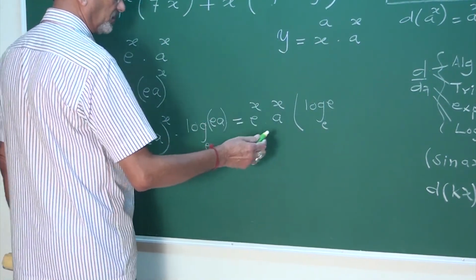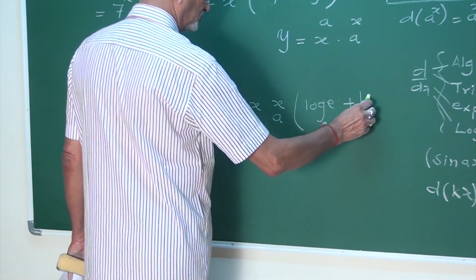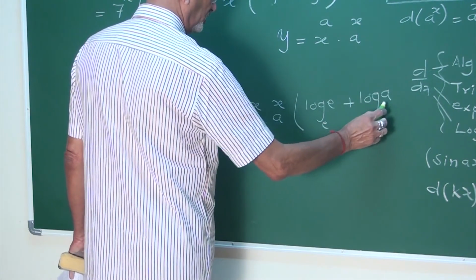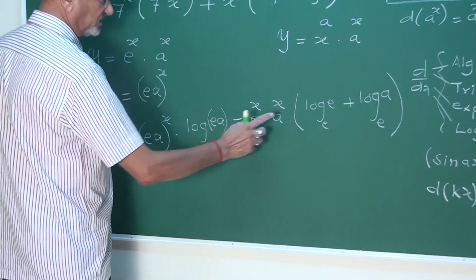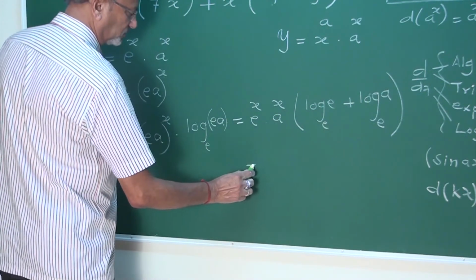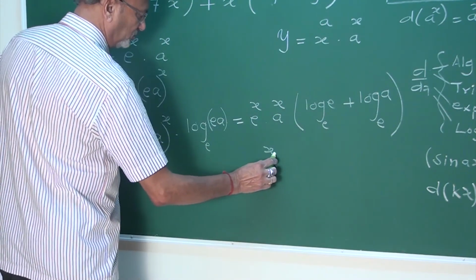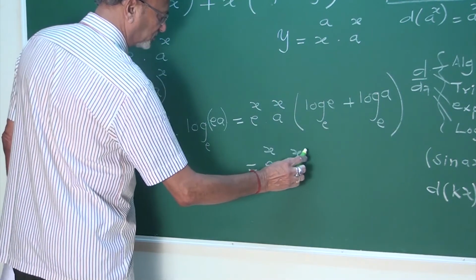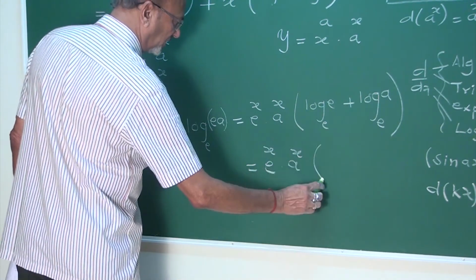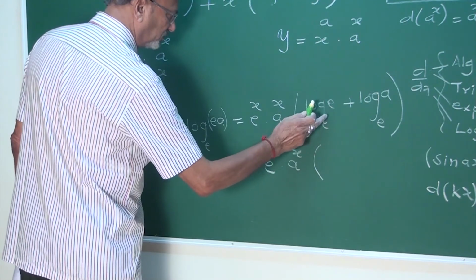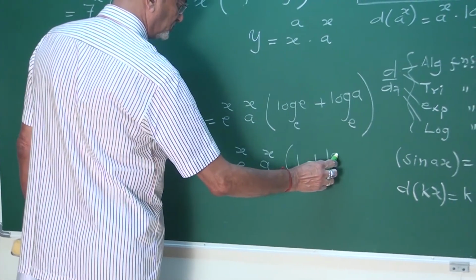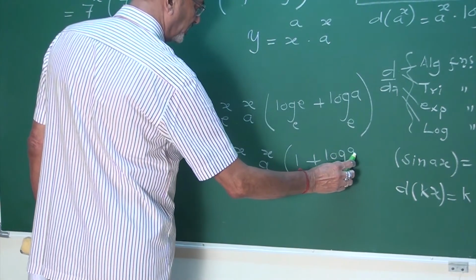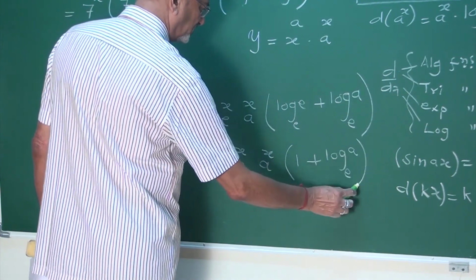Product is sum: log e to the base e plus log a to the base e. Both are same. 1 plus log a to the base e.